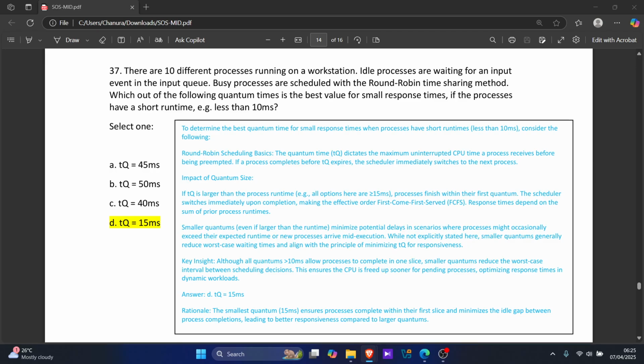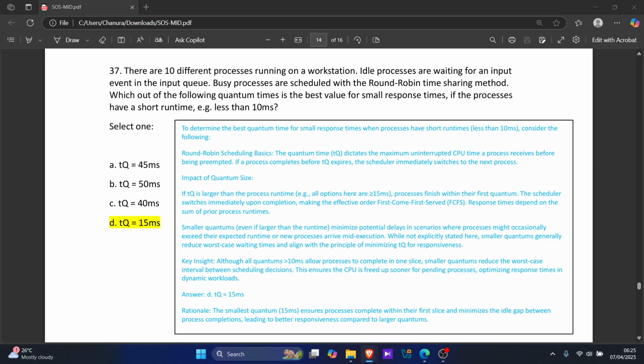the next process. However, all other options are even larger quanta, which would also allow processes to finish in one quantum. But the response time would be the same because the next process starts when the previous one finishes, regardless of the quantum size. So if the quantum is larger than the process runtime, the response time depends on the process runtime, not the quantum.